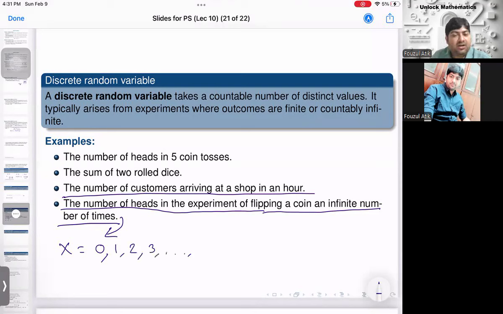How far can it go? Because you are tossing the coin infinite times, it can go up to infinity. So it is infinite, but it is countably infinite. In the other three cases, it was finite. So these are the examples of discrete random variables.